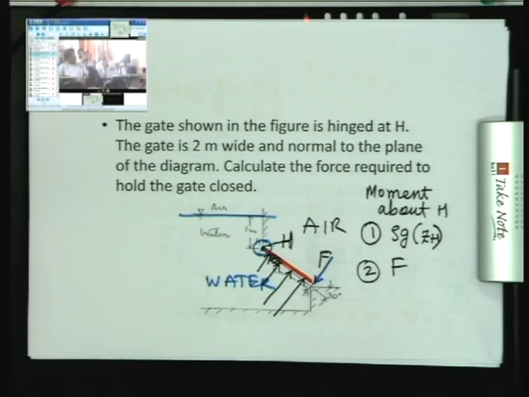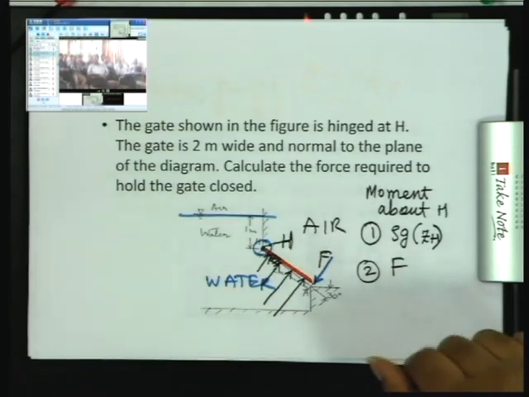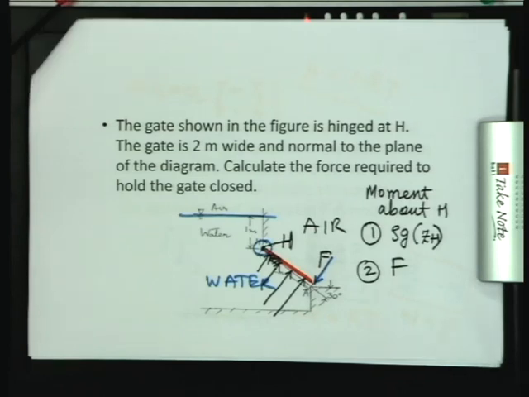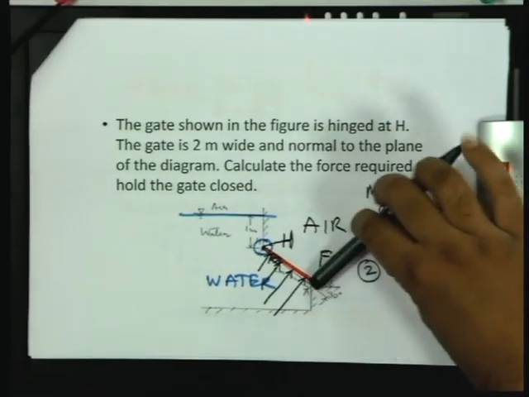Again, my question regarding the plate. How does a plate remain in equilibrium under hydrostatic force in water? You have to have an external force applied to keep it in equilibrium, otherwise it will open. See, you have to apply a force here.